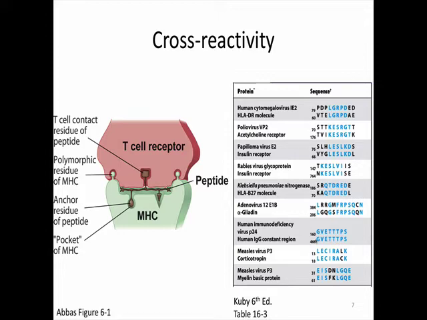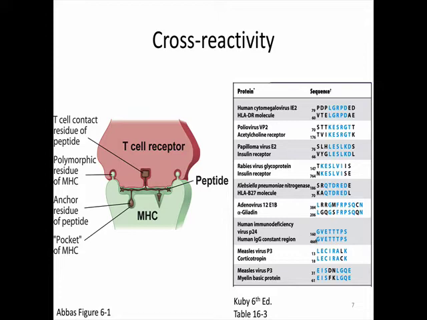And so you can see lots of examples of such potentially cross-reactive proteins here. You can see, for example, that this insulin receptor has 6 amino acids in common with a protein from rabies. And so a T cell that gets selected with low affinity for this insulin receptor might have high affinity for the rabies protein. So this is one reason why this whole process might make sense and might work.